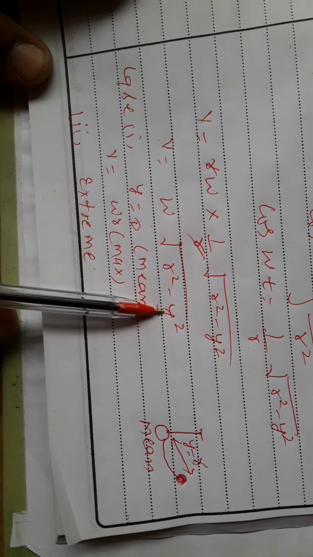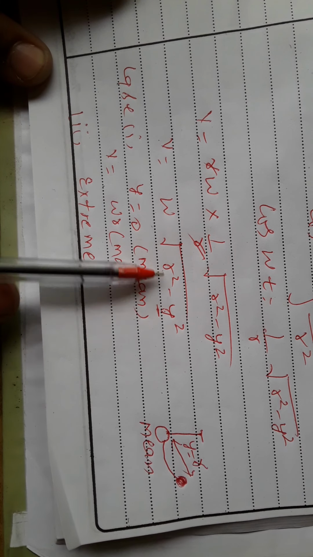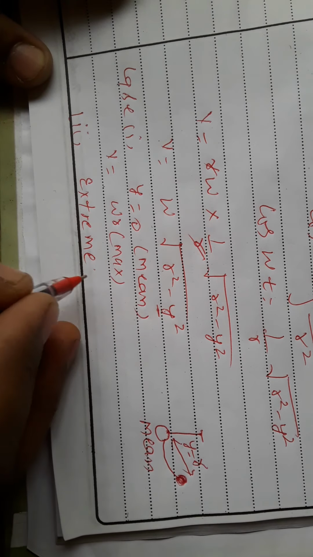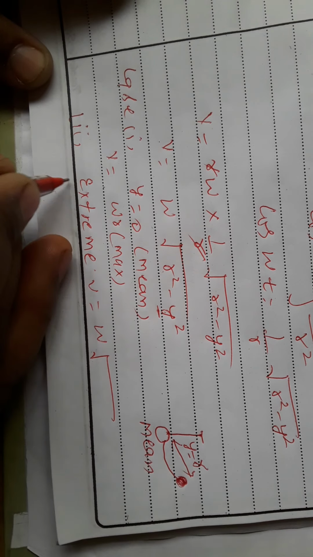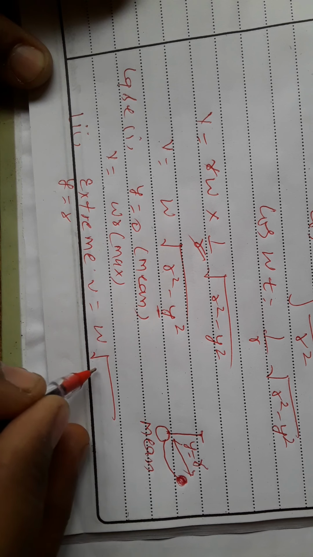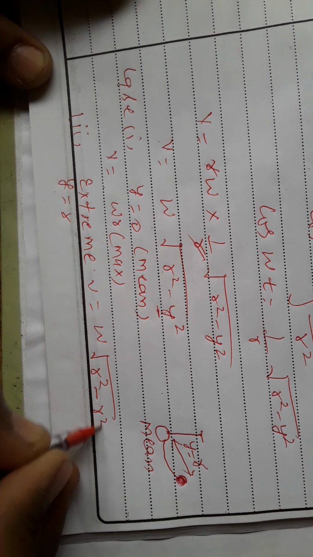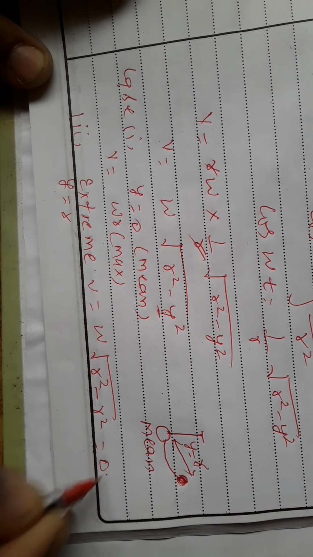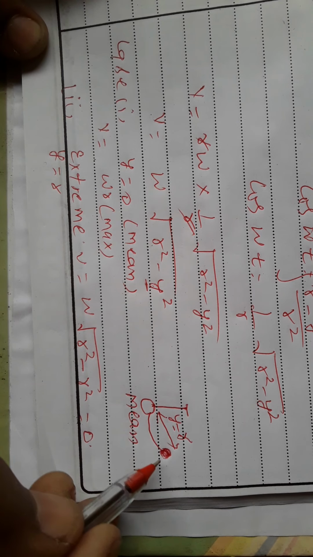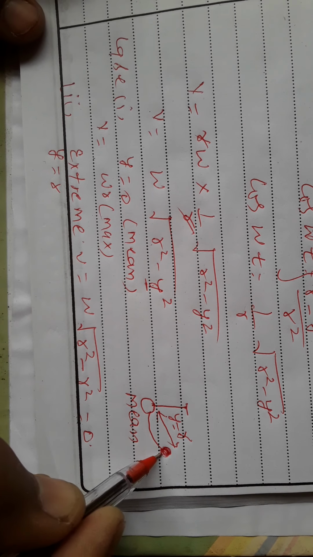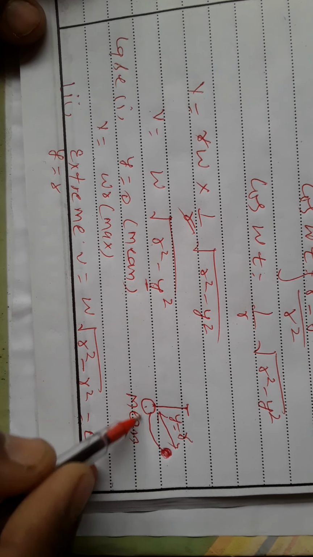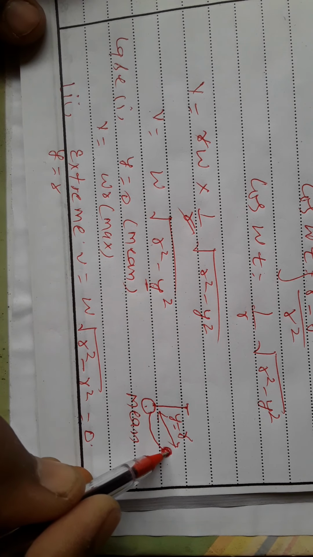In the place of y, we put r, so v is equal to omega under root r square minus r square. It will be 0, so velocity will be 0. So at the extreme point, velocity is 0 as well as kinetic energy is 0. So whole of the kinetic energy is converted into the gravitational potential energy.